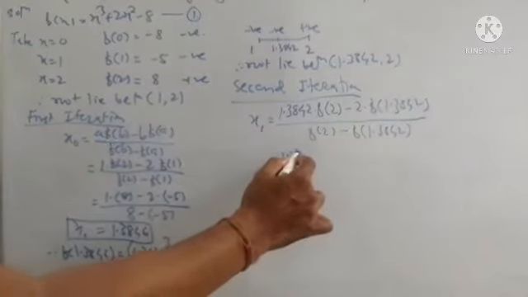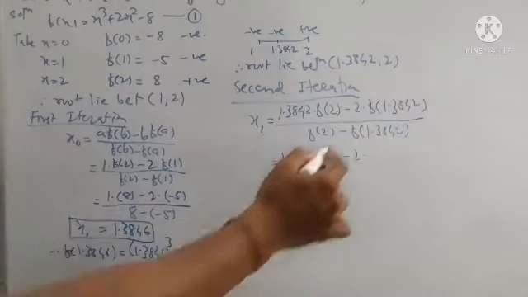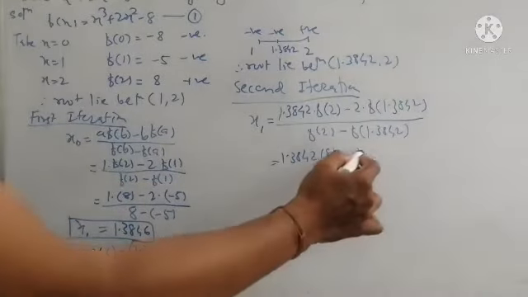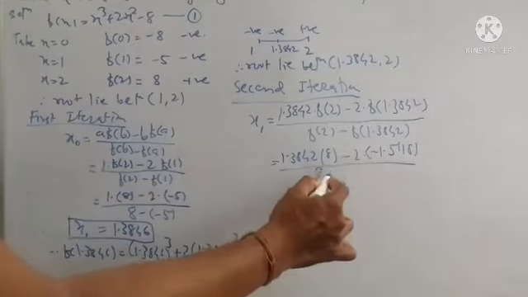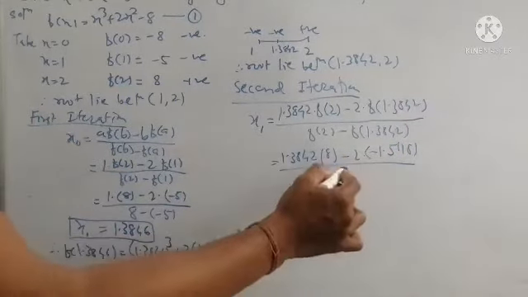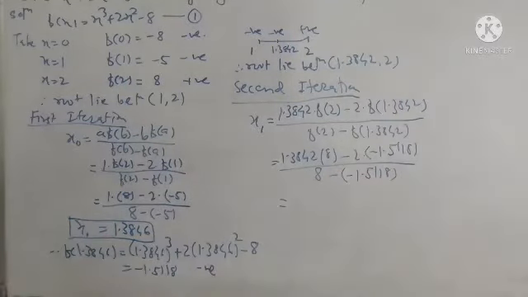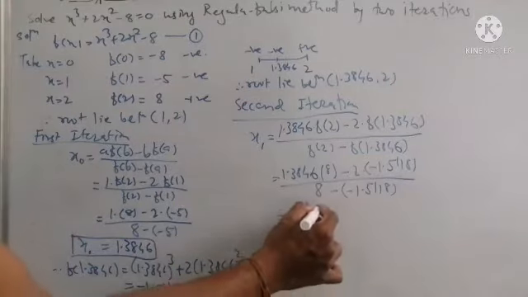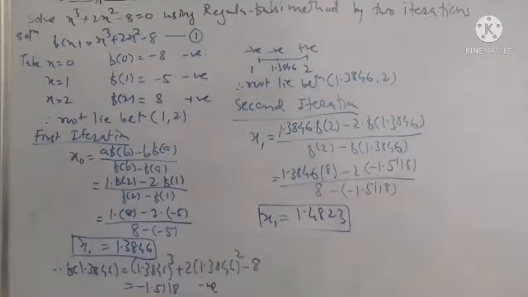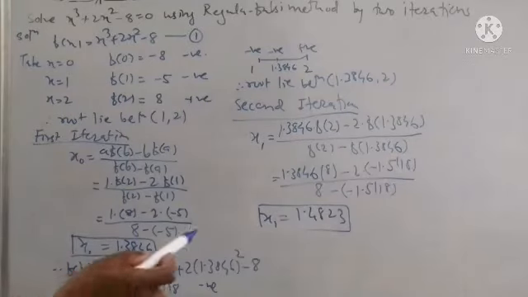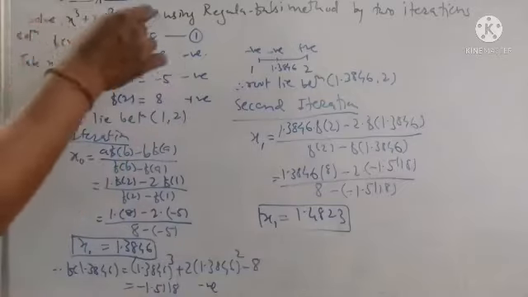So 1.3846 is multiplied by function at 2, here 8, minus 2 is multiplied by function at 1.3846, a value minus 1.5118, divided by 8 minus minus 1.5118. Now using calculator you can simplify this as 1.4823, as we have asked here for 2 iterations. So the first approximate root is 1.3846 and the second approximate root is 1.4823 of the given algebraic equation.